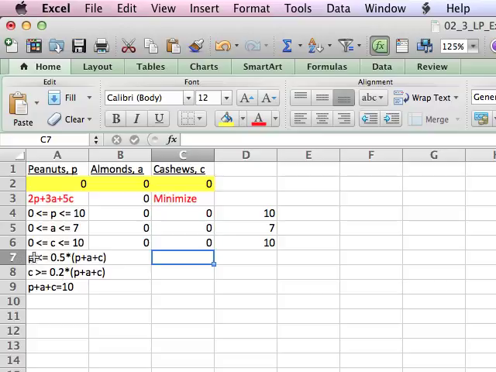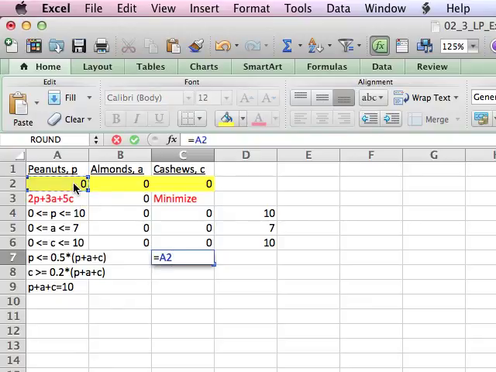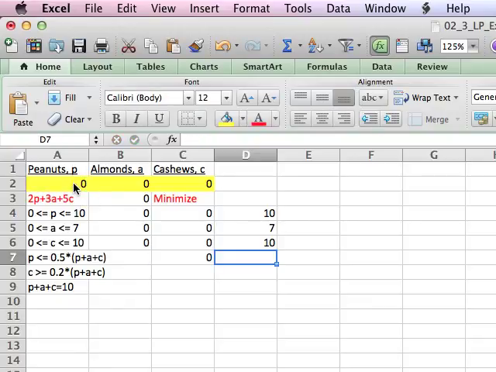So here the expression on the left is P. So I'm just going to do equals and then reference A2. And the expression on the right now, usually we have a constant here. This time we don't, right? We have another expression, but that's okay. We can still enter that as an expression, and just still remember that we want this value to be less than or equal to whatever this value turns out to be.